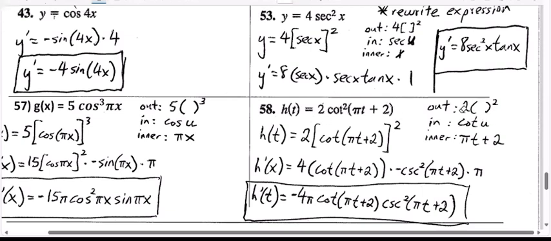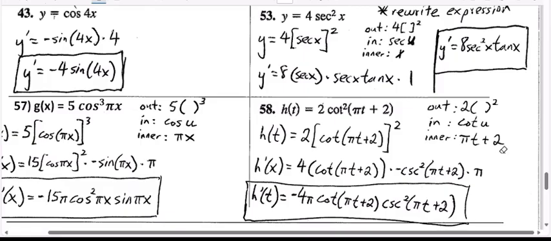So we can write it as something squared, then I'm going to let u be cos pi t plus 2. Don't forget, I let u be equal to cos pi t plus 2.